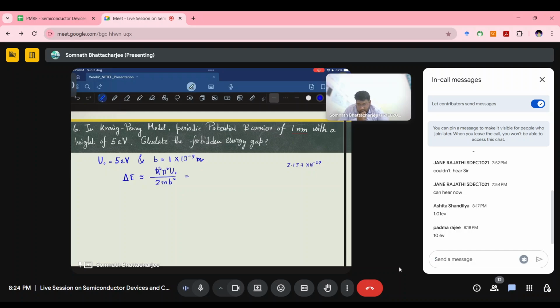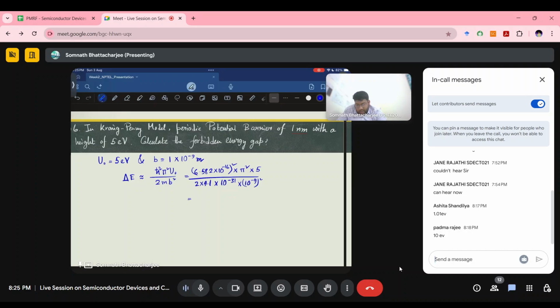And so from this it would be 6.582 into 10 to the minus 16 whole squared multiplied by pi squared multiplied by 5, and from this one it would be 9.1 into 10 to the minus 31 into 10 to the minus 9 whole squared. Just delete this. Let's do this here.